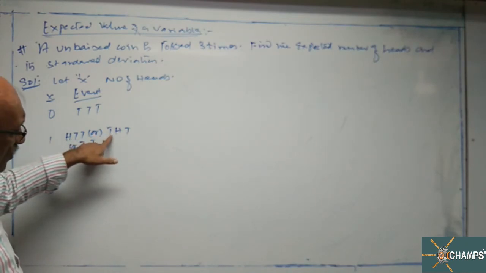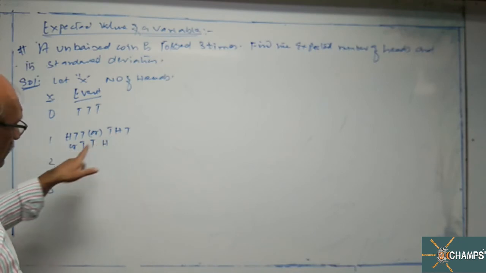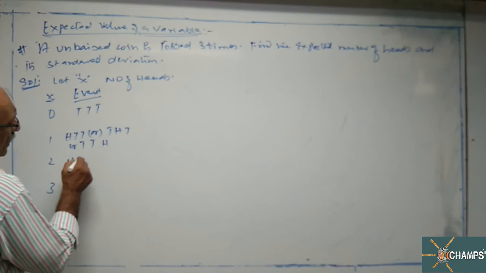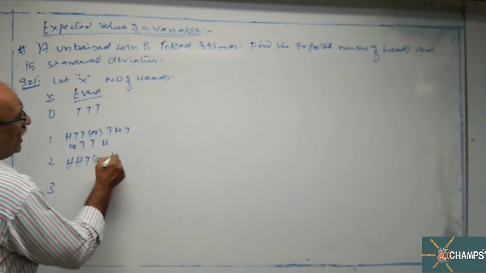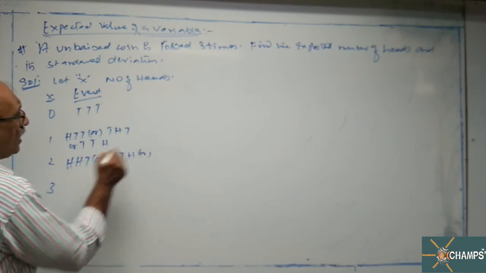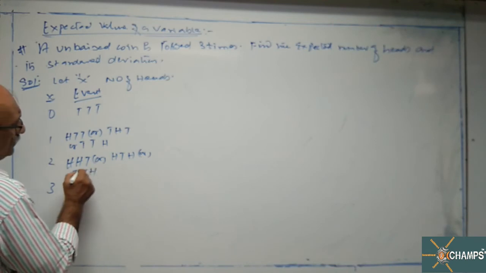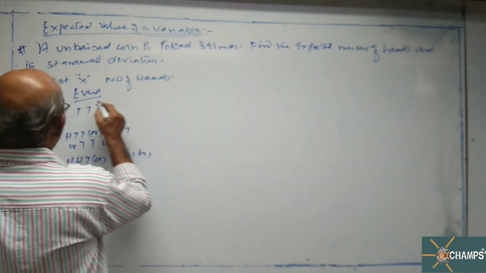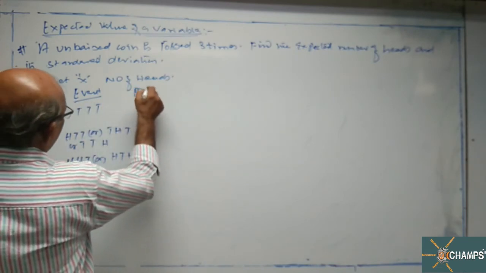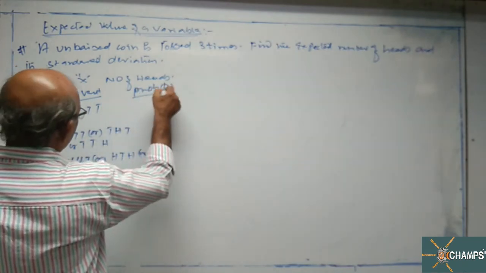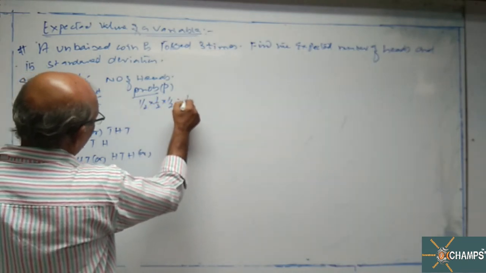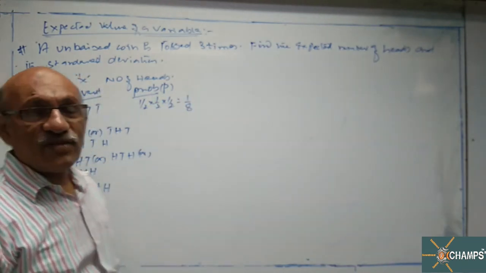Otherwise, first time tail, second time head, third tail, or tail tail head. Two heads: HHT, HTH, or THH. All 3 times it is head only. Probability here is 1 by 2 into 1 by 2 into 1 by 2, 1 by 8, because the trials are independent.